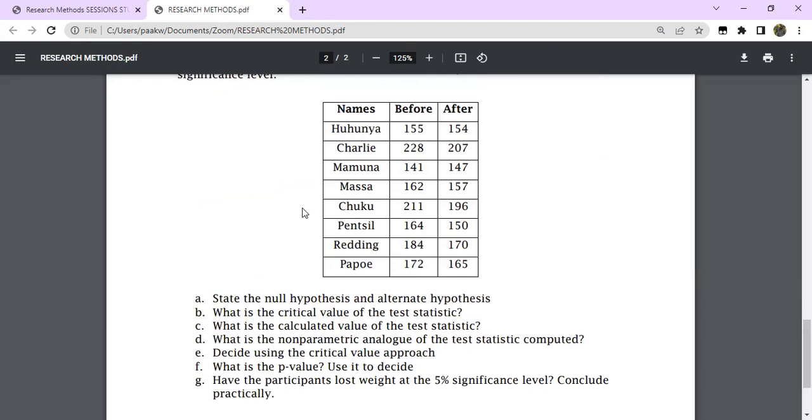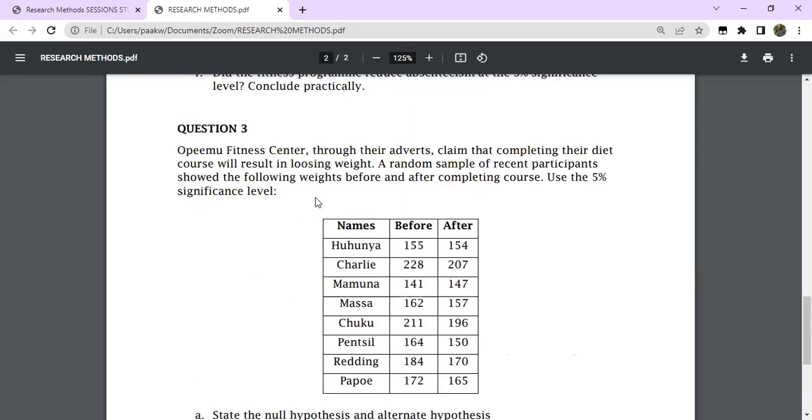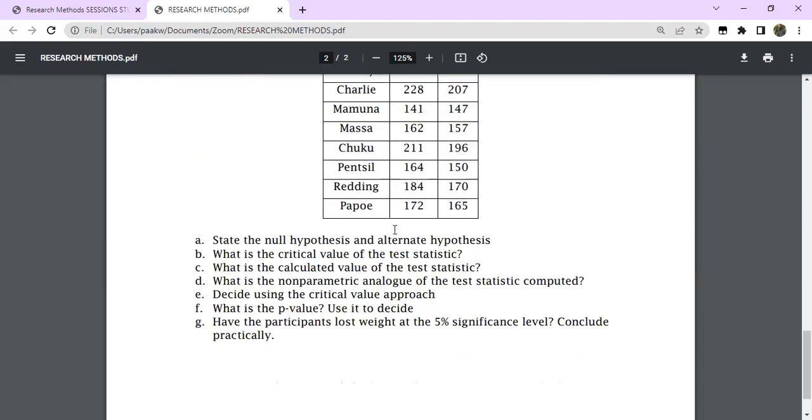A random sample of recent participants showed the following weight before and after completing the course. Use the 5% significance level. A. State the null and alternate hypothesis.